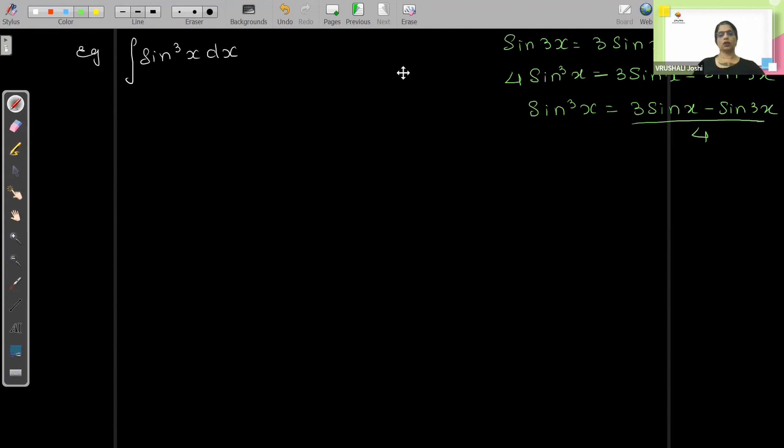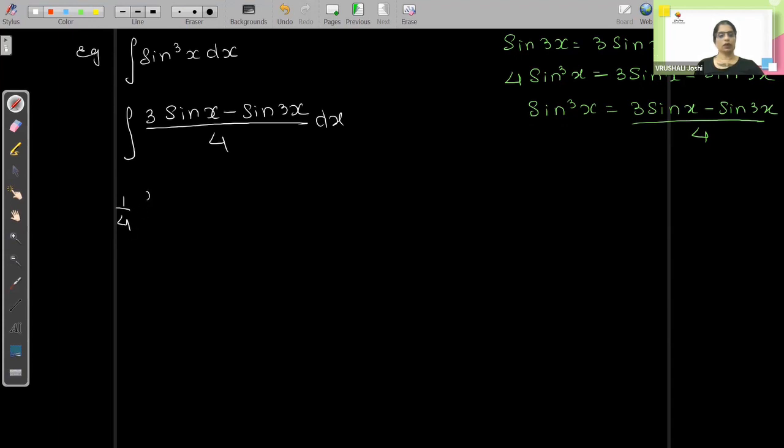So there is nothing much to do. Directly you have to substitute the value in this. So we can write this is equal to integration of, instead of sine cube, 3 sine x minus sine 3x by 4 dx. 1 by 4 we can take outside the integration.